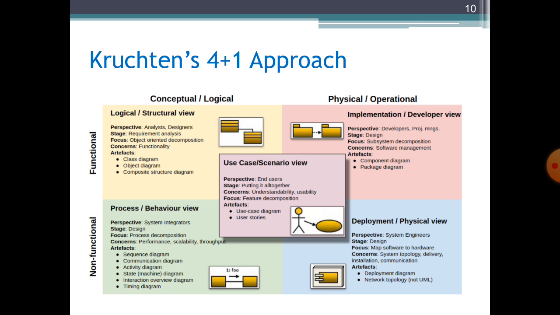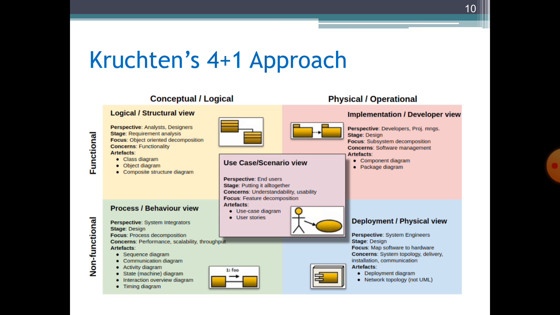These are four different views: conceptual or logical view, physical or operational view, process or behavioral view, deployment and physical view, and the fifth one is use case or scenario view. So software designers or architects can organize the description of the architecture decisions in different views.